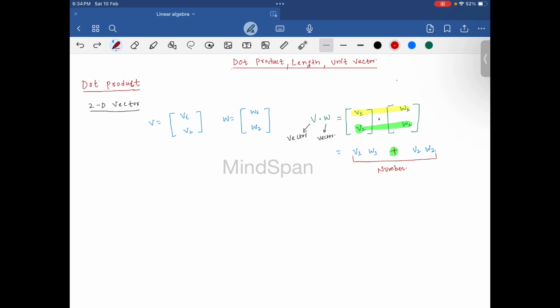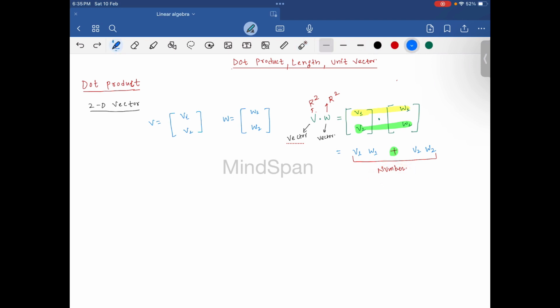You see that this vector v is from some two-dimensional space, which we write as R squared, where R is the real numbers, and this w is also from a two-dimensional space. We take the dot product between v and w, and what we get is a number.